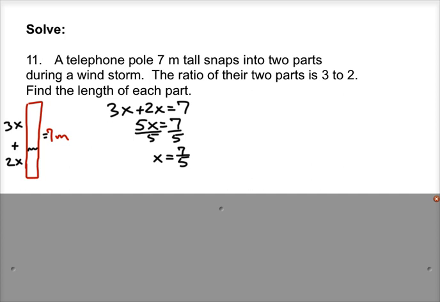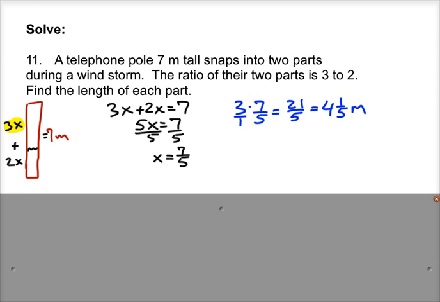But now knowing how big each of the parts are, well, the top piece is 3x. So if I want to figure out the top piece, I really need to take 3 times 7/5, which is going to be 21/5. And at this point, I'm going to actually turn it into a mixed number. So 21/5 would be 4 1/5, and I'm going to put my meters on it.